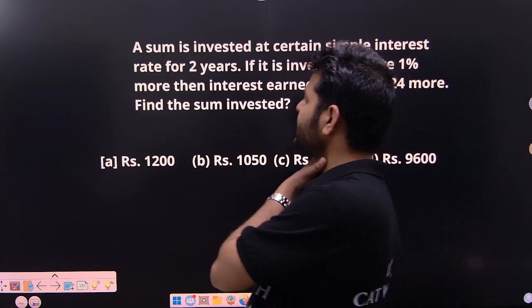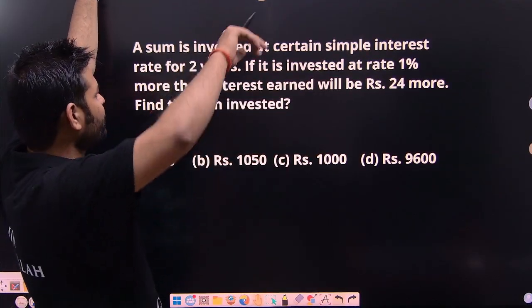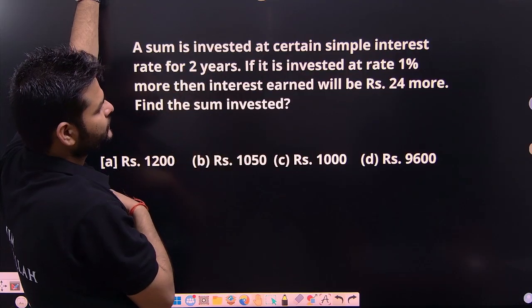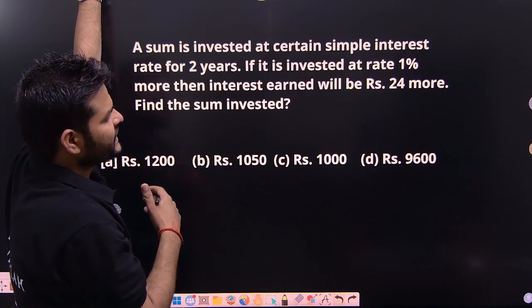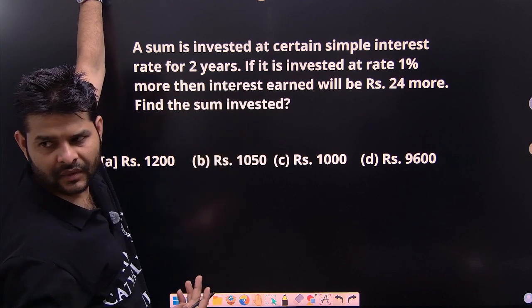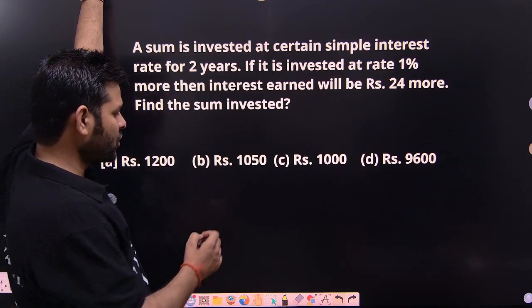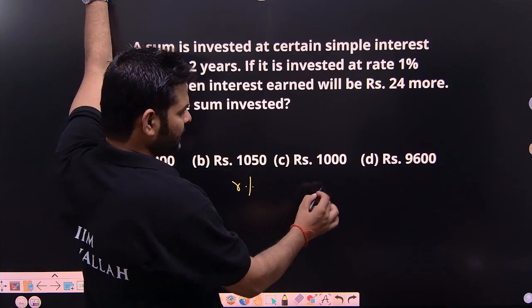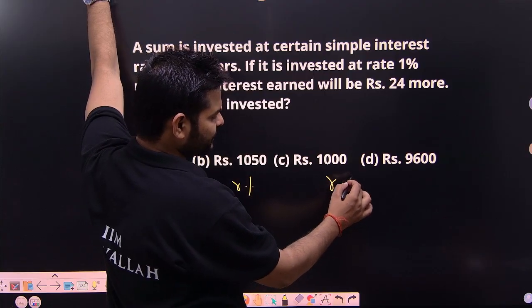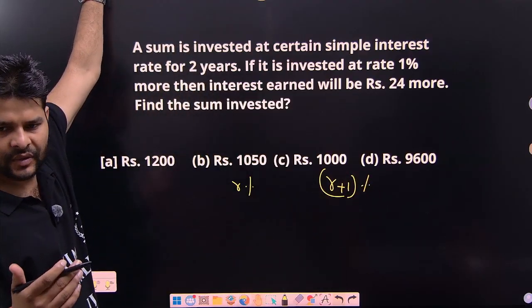So what the question says, guys: a sum is invested at a certain simple interest rate for 2 years. If it is invested at a rate 1% more, so suppose the first rate of interest is R, then the second rate is R plus 1. Only the rate of interest increases.